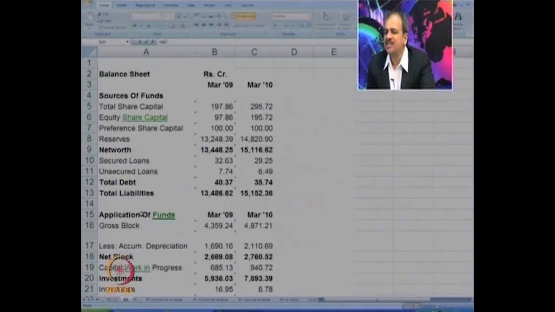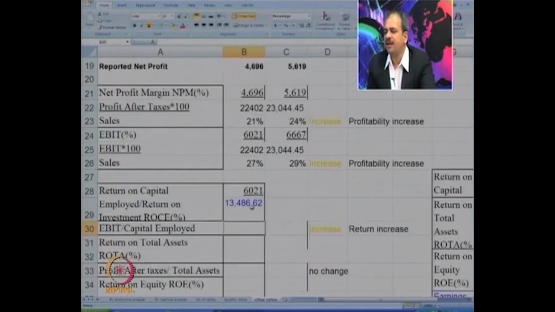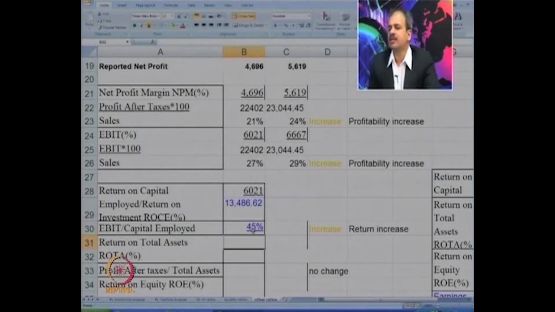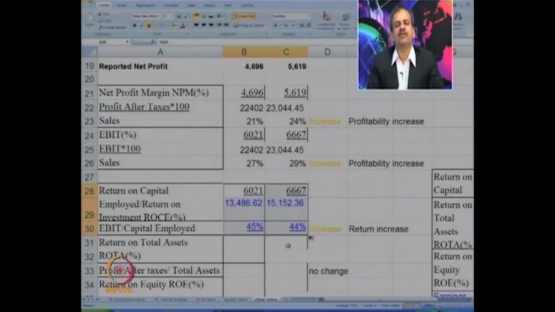If you go to the balance sheet, you will realize that total liabilities is nothing but the capital employed. So, 6021 divided by 13,486, which is the total funds employed. For next year I have dragged it, and the answer is 45% and 46%.